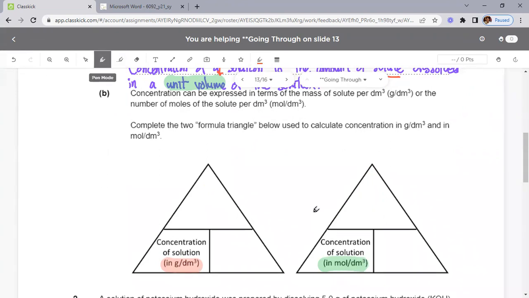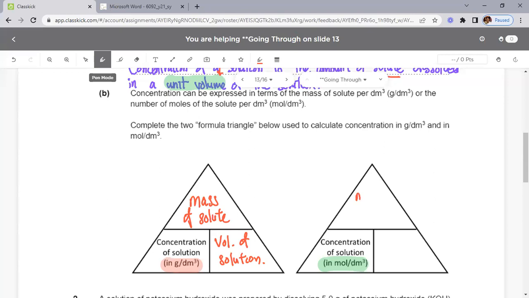For concentration of solution in gram per dm cube, at the top would be the mass of the solute, and on the bottom right is the volume of the solution. Now, how about concentration of solution in mole per dm cube?